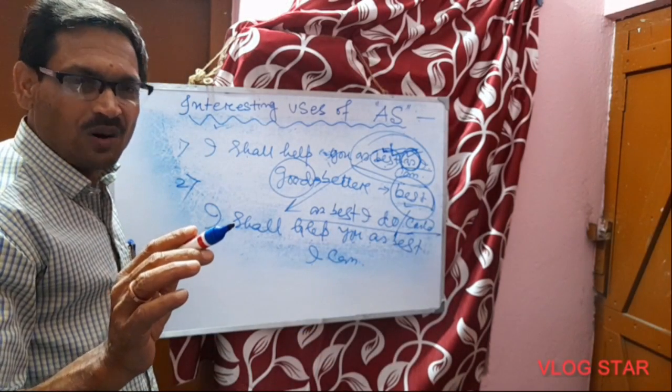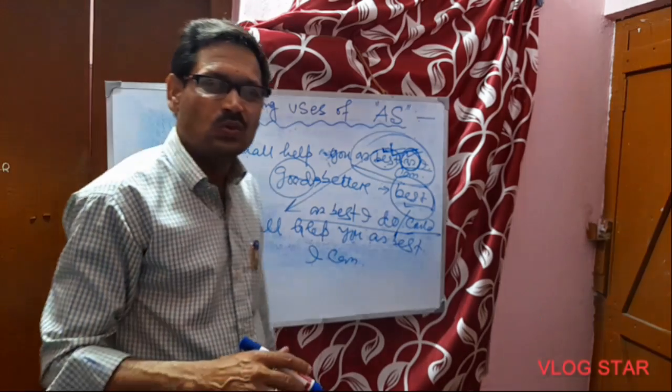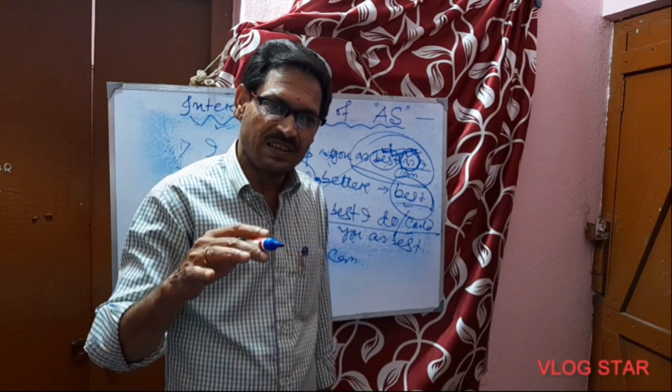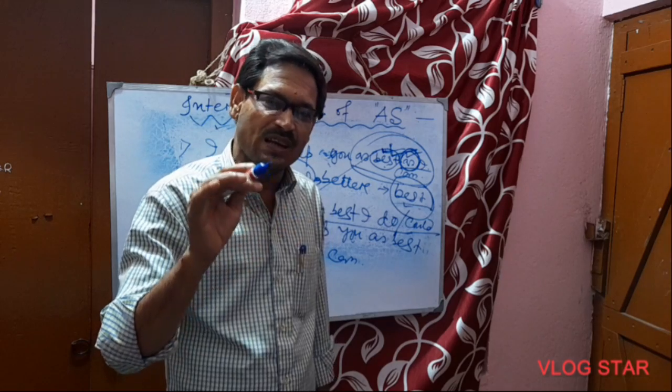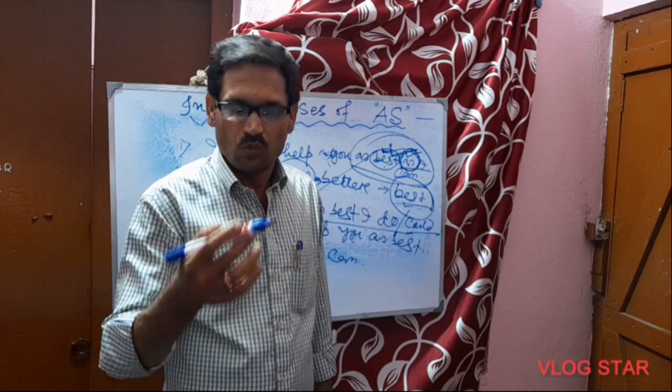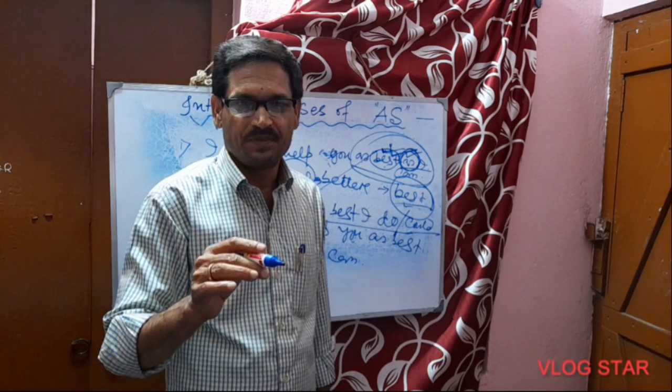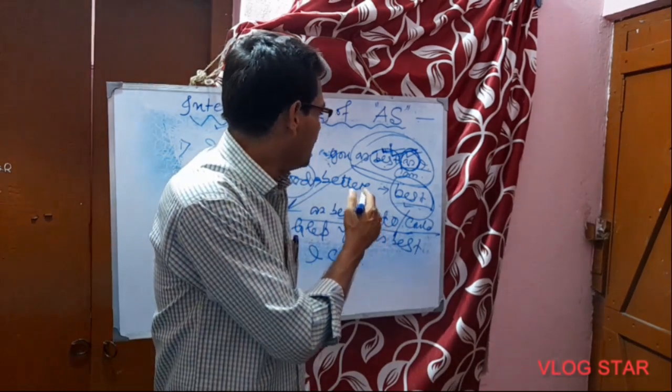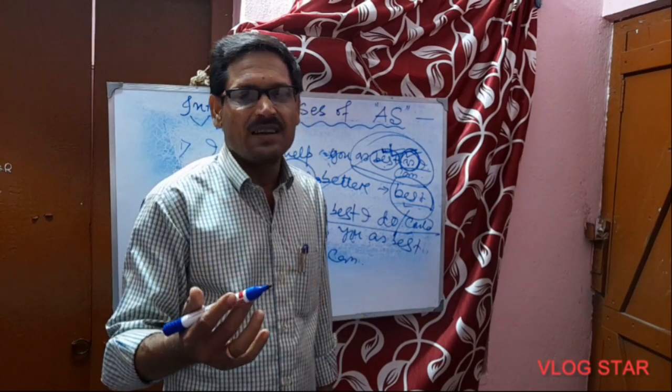Okay? Hope I have been able to clear your confusions. What are the actual uses of as, and how we also make mistakes in using it. It is not grammatically correct.